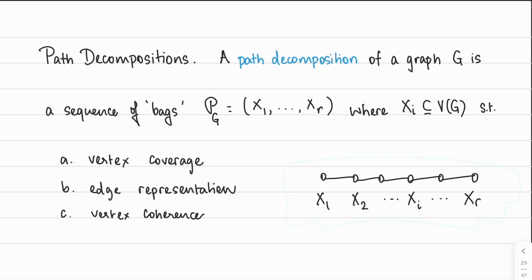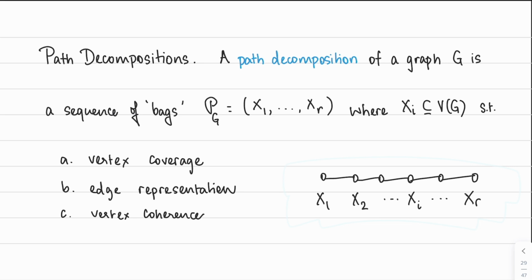In fact, the notion of vertex coverage and edge representations carry over exactly as is. We just need to adapt the concept of vertex coherence so that it actually makes sense on a tree, because now we don't have a natural notion of a sub-interval or a contiguous subpath when the backdrop structure is a tree. So that's the one that we need to tweak a little bit.